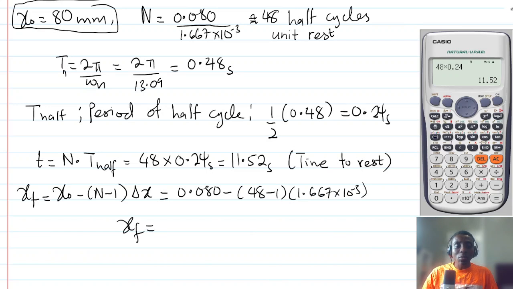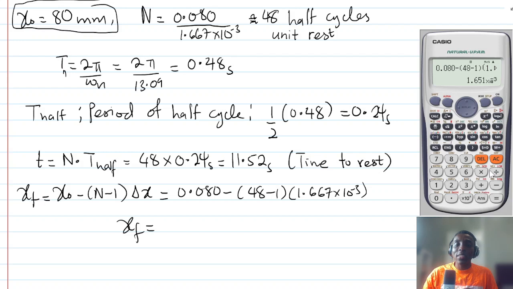So if we calculate it, we get what? We have 0.080 minus (48 minus 1), and this will multiply 1.667 times 10 raised to the power minus 3, and then that is it.